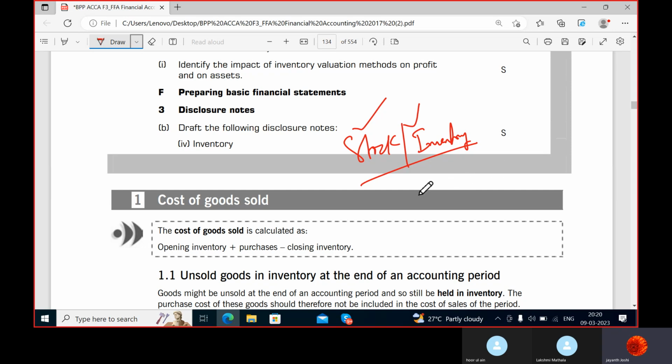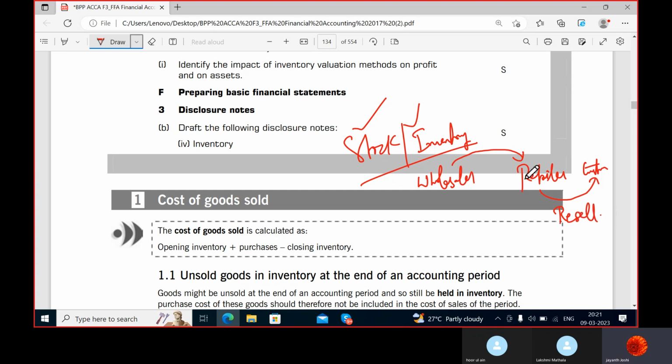Suppose this is a wholesaler and this is a retailer. This is a customer. So, retailer purchases goods from wholesaler and retailer sells the goods to customer. So, retailer has purchased the goods from wholesaler to resell.